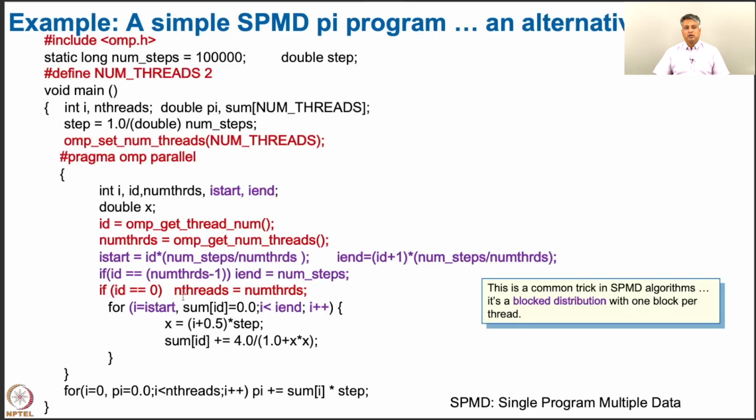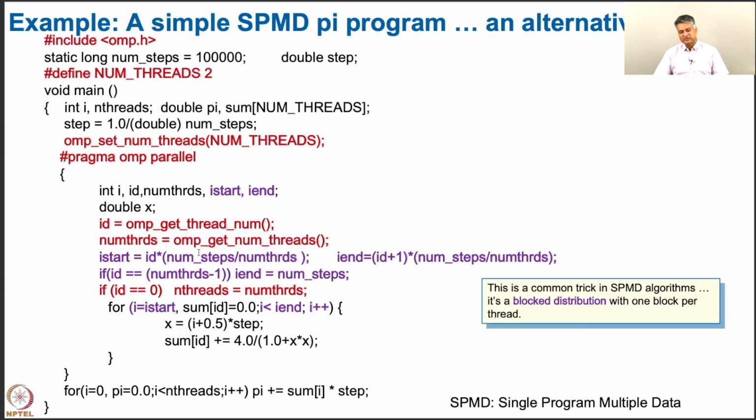You could have an alternative solution to this as well. You can make it region wise. You can say that you have, say, 2 threads again, but now I will set that the first half, or the first set of rectangles, will be computed by thread 0, the second half will be computed by thread 1.